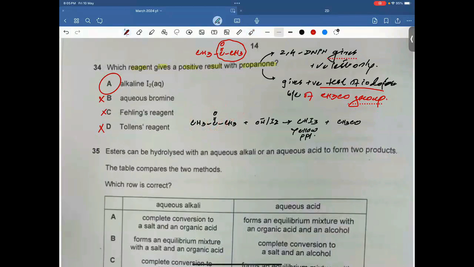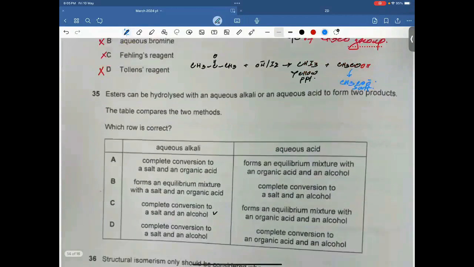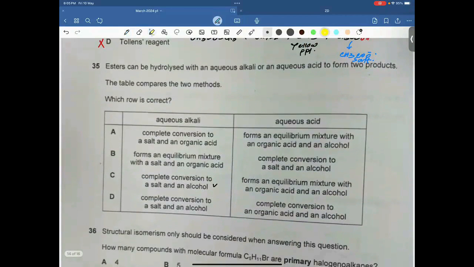And this CO will get the OH of water and turn to COOH, and that ultimately will turn to a salt because of the alkaline medium. Okay, that's your salt of the carboxylic acid. Anyhow, let's move on to the next question.